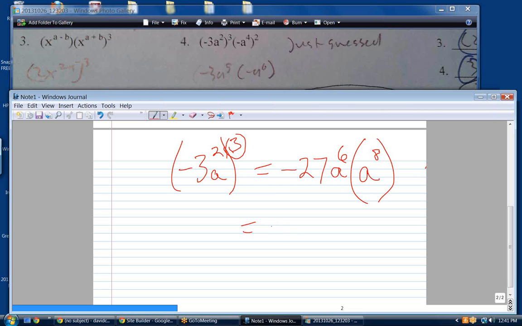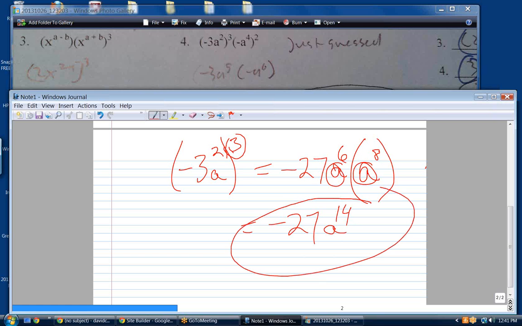The minus 27 isn't being changed. But you have the same base there and the same base there. We have multiplication, so what are we going to do to those exponents? Add. There's your answer.